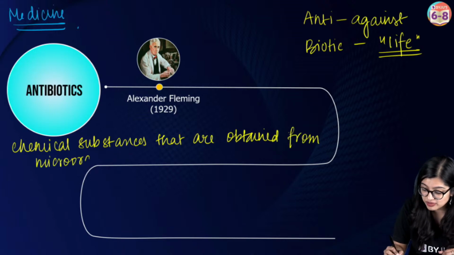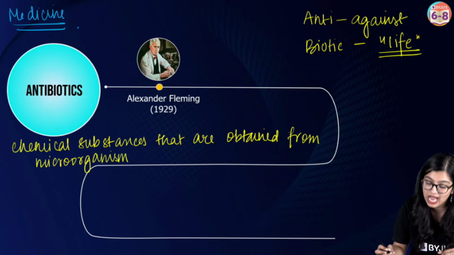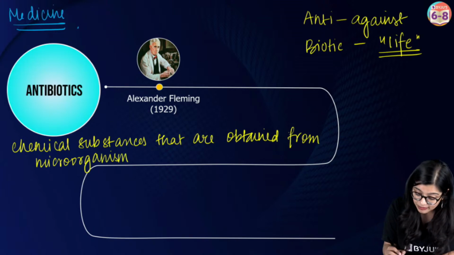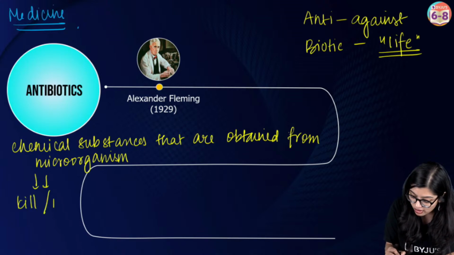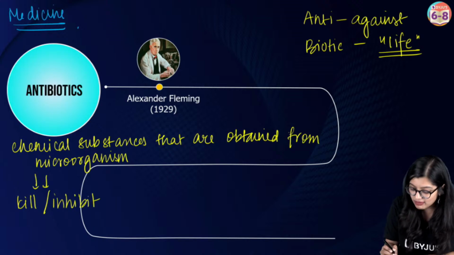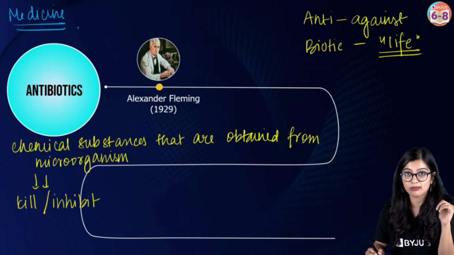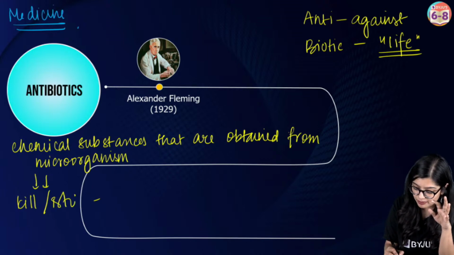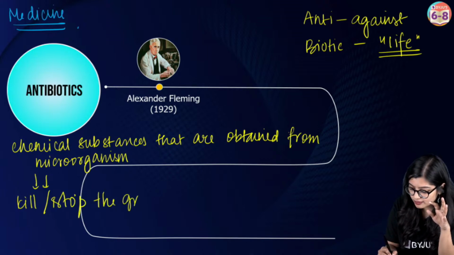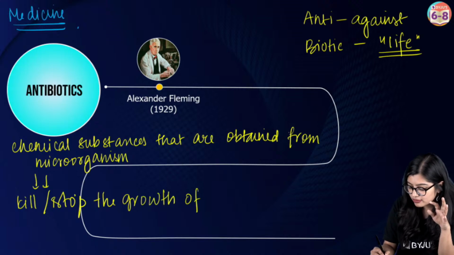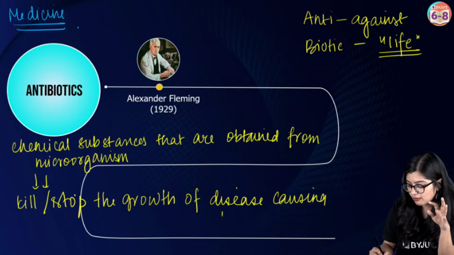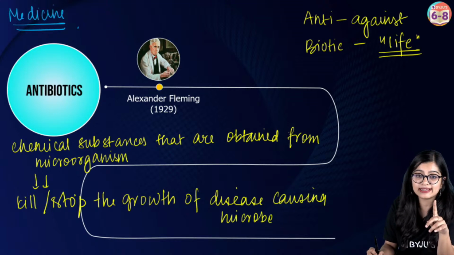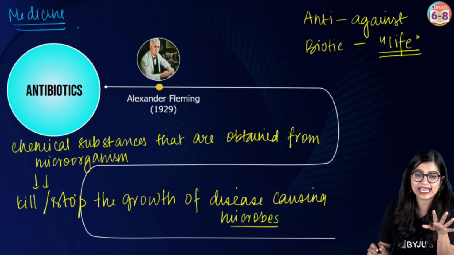It could be a fungus or a bacterium, right? But I will use this chemical substance to kill or inhibit the growth of disease causing microbes. I will either use it to kill my disease causing microbe or to stop its growth. Are you clear with this? Very easy.